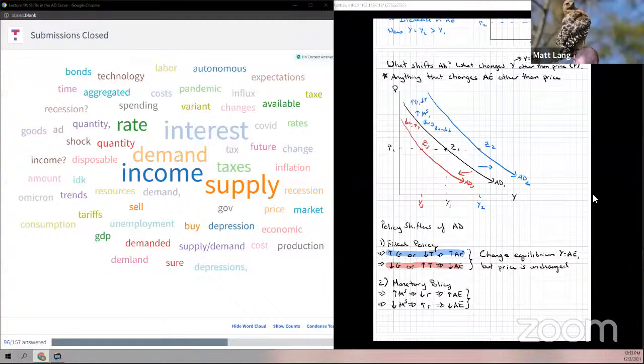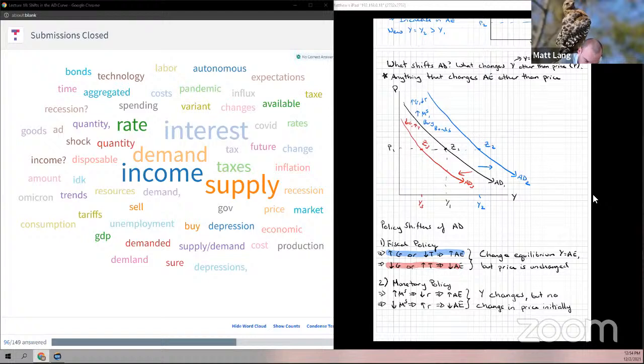So writing this out, we'll say Y changes, that Y equals AE, that AE line is changing, but there is no change in price initially. I'll go ahead and color code these again because I think it's instructive.